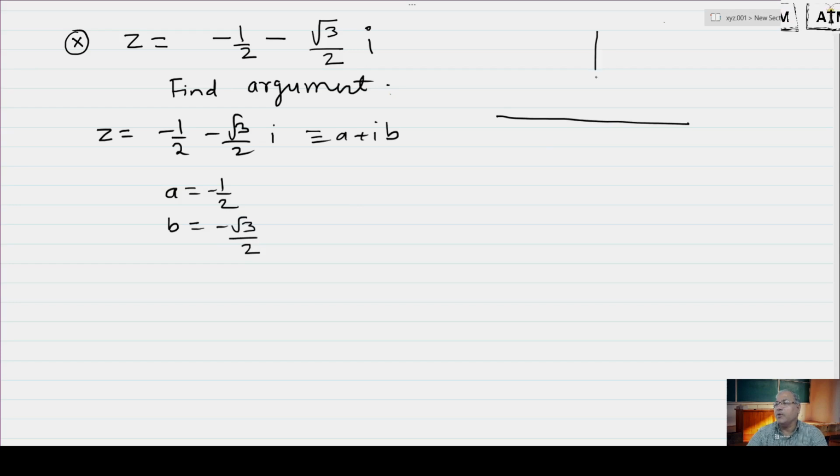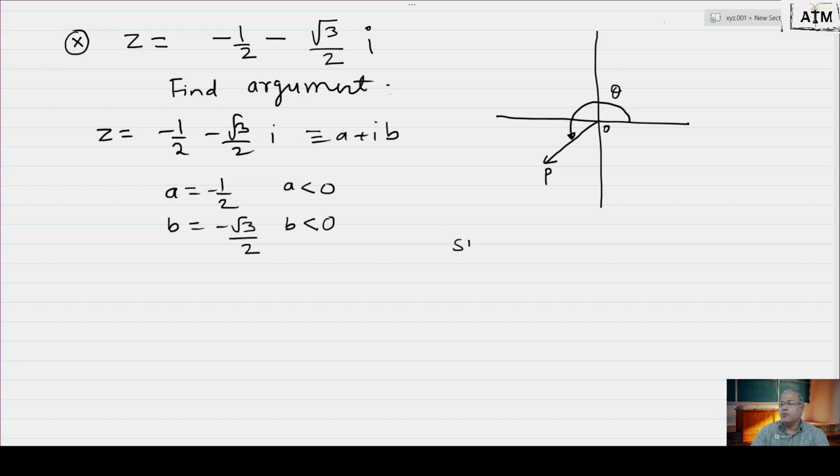Now in the Argand plane, since a is less than 0 and b is less than 0, the vector OP comes in the third quadrant, and we need to find this angle, theta.